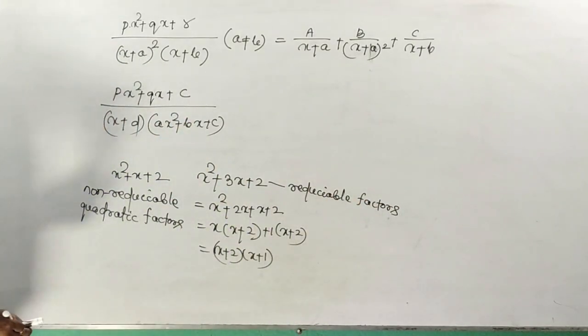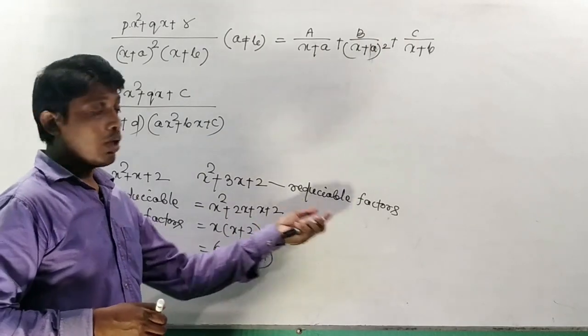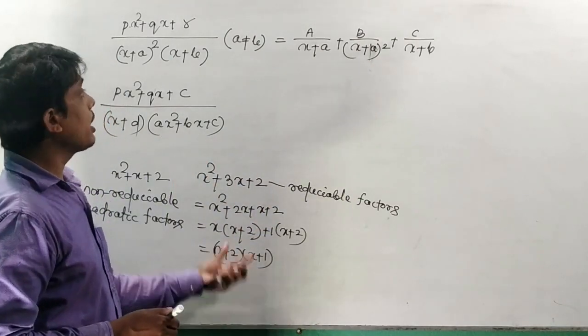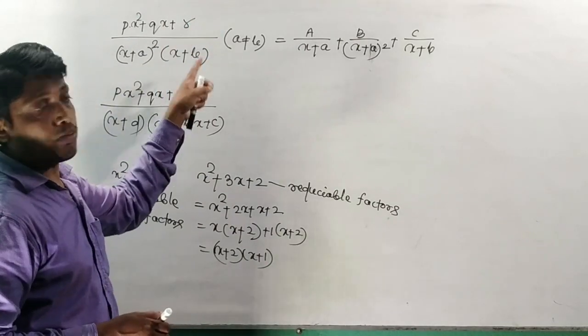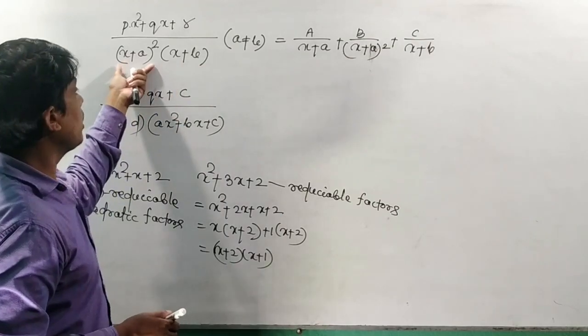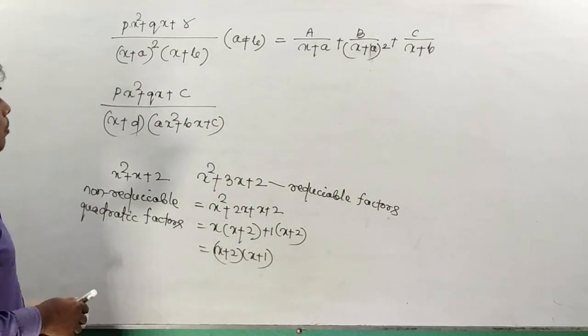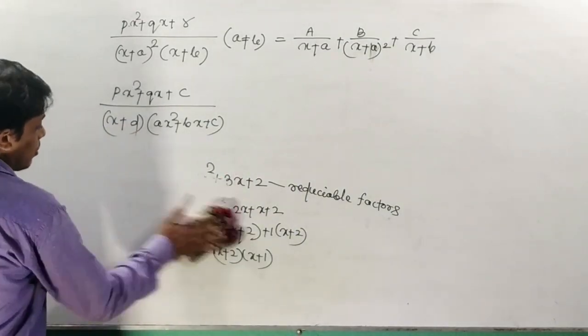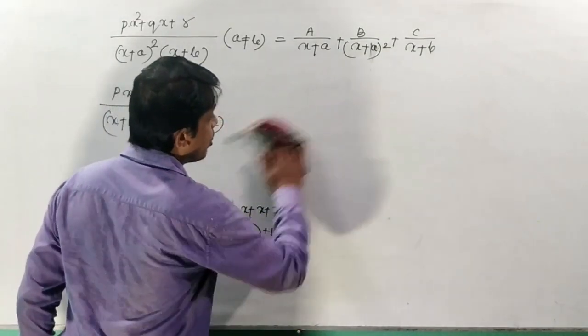If the quadratic factor is reducible, then we have to split into the linear factors and take the above cases, x plus a into x plus b into x plus c, or in this case maybe there is a whole square form. But if this is not a reducible form, then what shall we do?